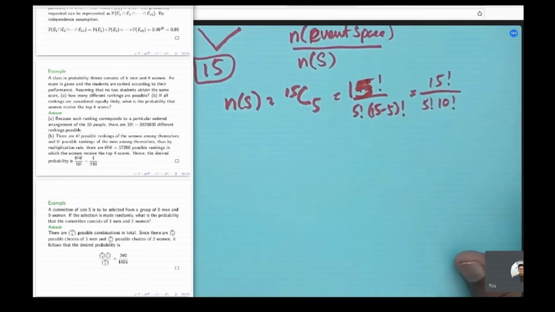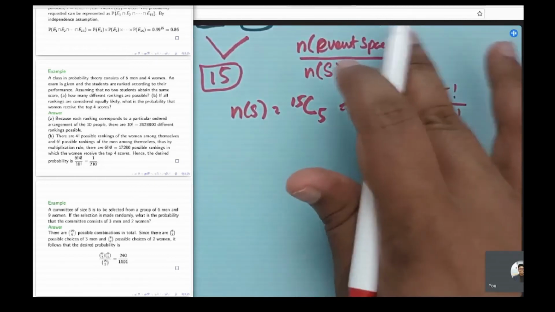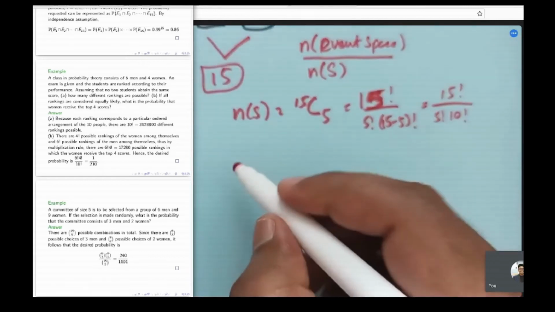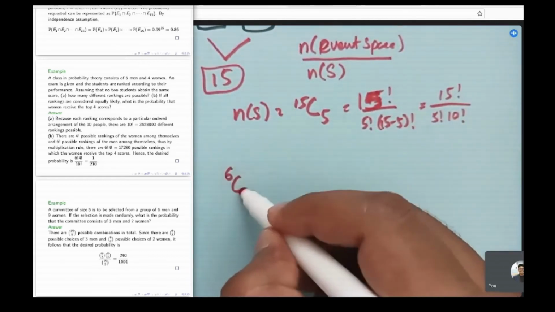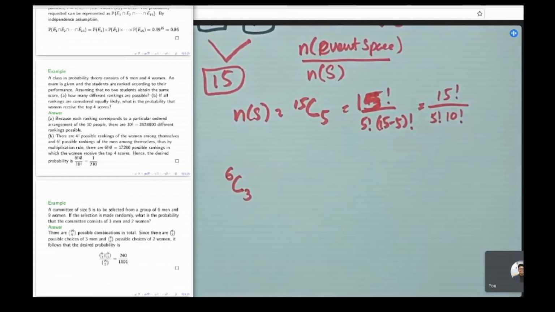Now for the favorable case, you choose 3 men out of the available 6 men. So that's going to be 6C3. Then you have 9 women and you are going to choose 2, right?